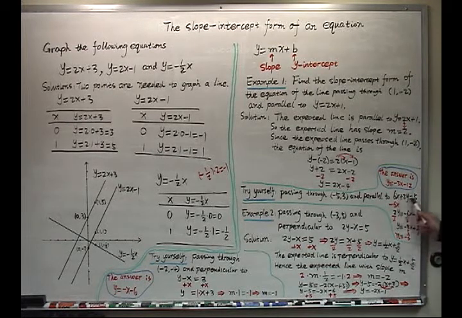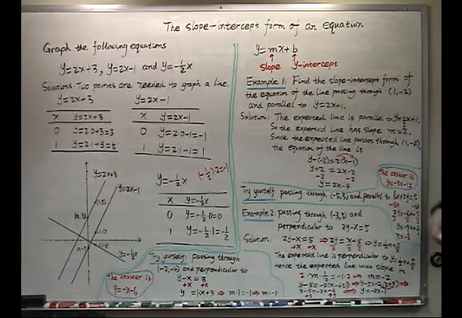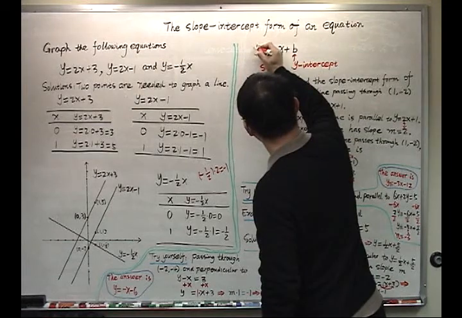What is the slope of this one? You want to make this one be the slope-intercept form, y equals something, where the coefficient of y is 1.